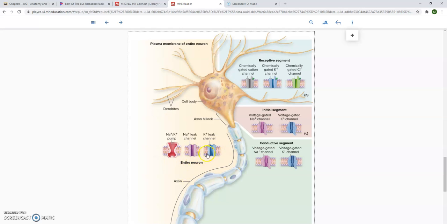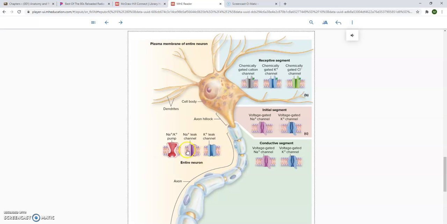The other two membrane proteins are the channels. And remember, these are leak channels, and they're specific, so there's a leak channel for just sodium and a leak channel for just potassium. These are two ions that play a big role in neurophysiology, so we need to be familiar with where their channels are located.